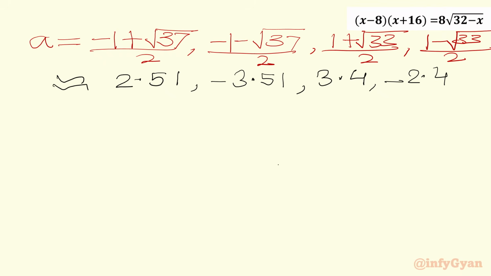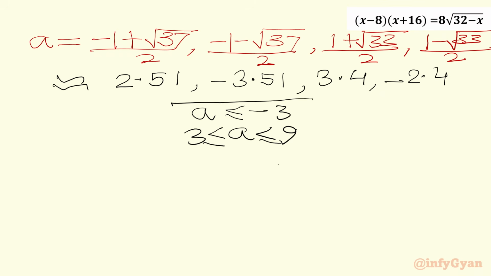Now we have the restriction on a. a should be in the interval 3 to 9. Let me write 3 to 9 first. Then a is less than or equal to −3. If a is in the interval 3 to 9, then we are going to accept 3.4 and we are going to reject 2.51.